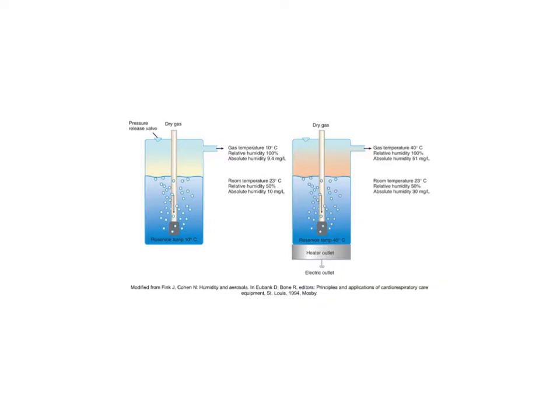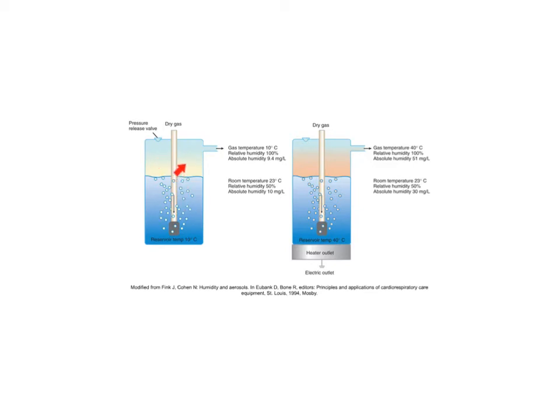So here we have a couple pictures of nasal cannula bubblers. So you can see this is a sagittal view. So the dry gas goes in through this tubing, and then this here is going to contain the foam or mesh diffuser, and this is going to break up the gas into smaller bubbles, and that increases the surface area to allow the gas to pick up water vapor as it goes back up.